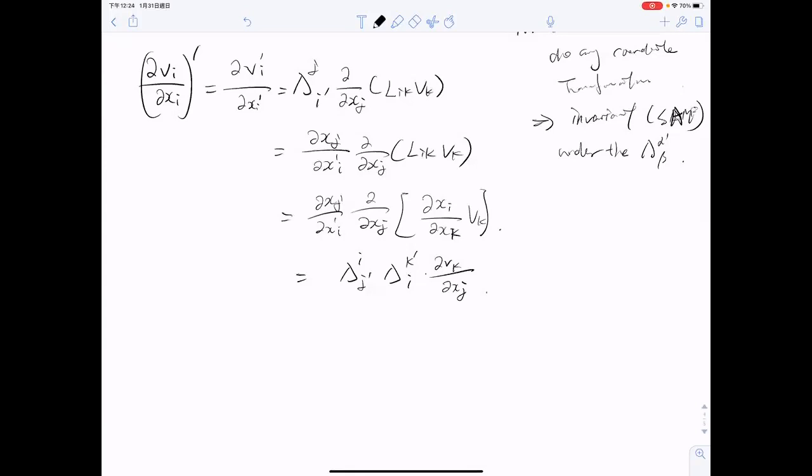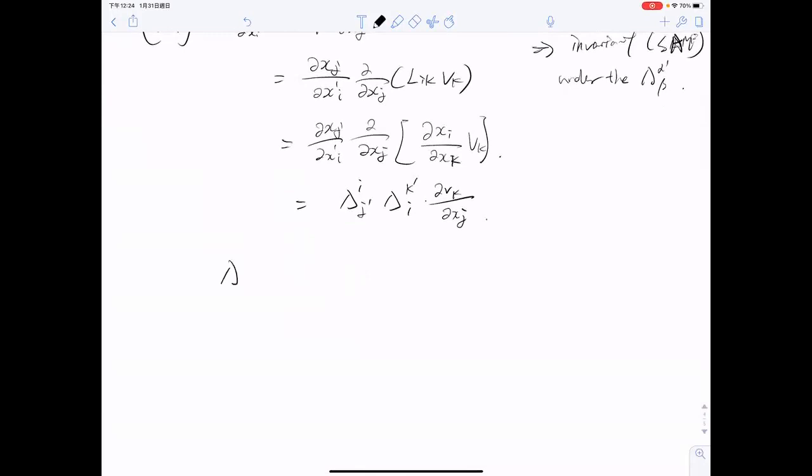What is the orthogonality relation? If two coordinate transformations are inverse, like I K prime and K prime J, then the product will be delta IJ. The inverse and the non-inverse coordinate matrices will have such a property, and we can use this property to do this question.